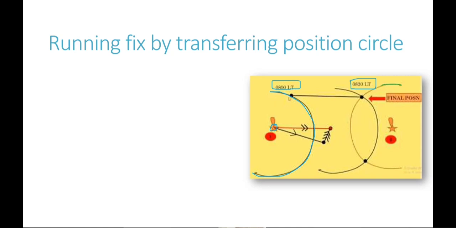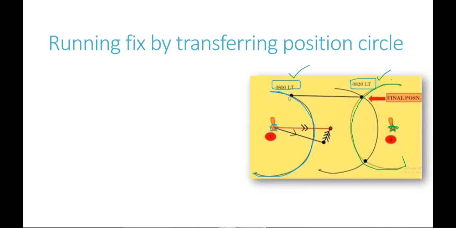Let us say this is the position circle which is available to us now at 0820. So another lighthouse, we take a VSA or a range and we get this green color position circle for 0820.